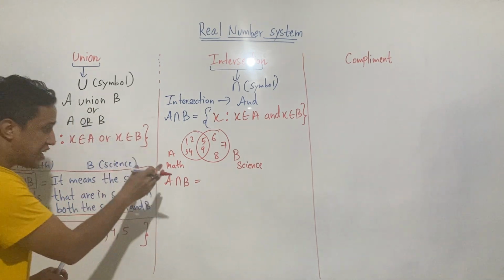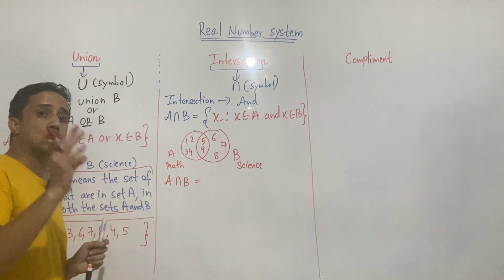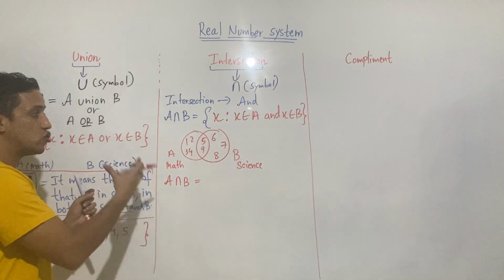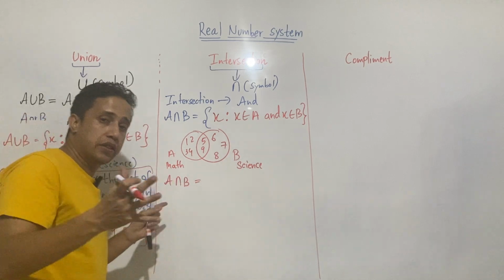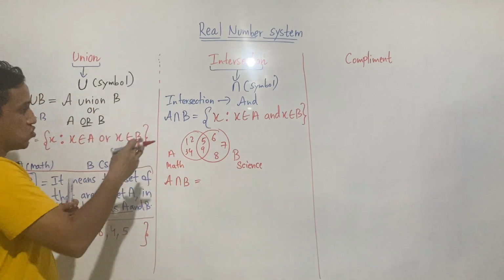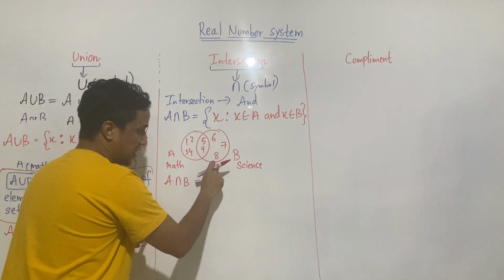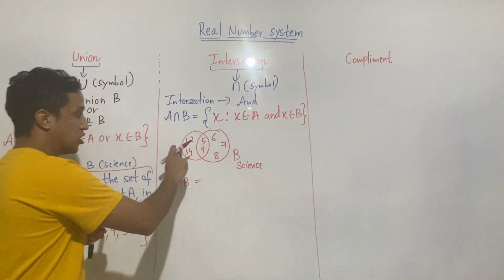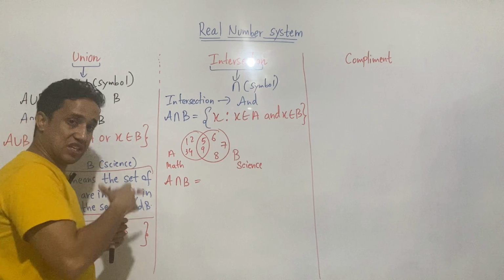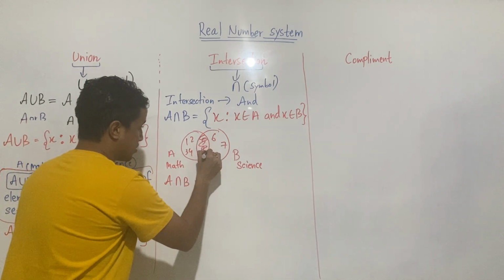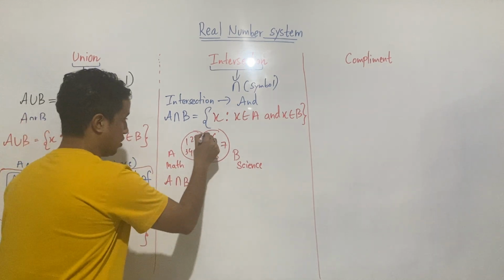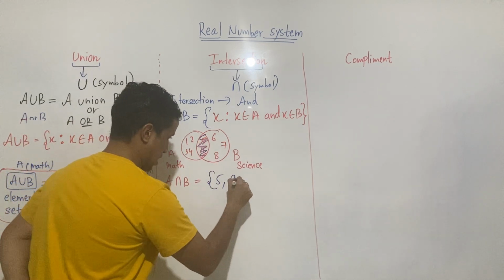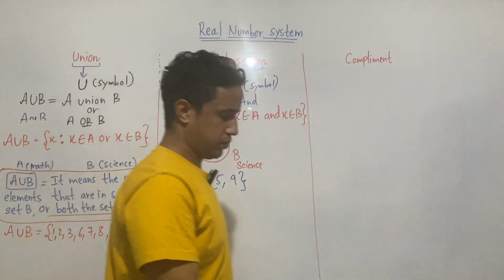And this is going to represent the region or the elements that are common to both the sets. So see here, this is my set A, this is my set B. The region or the set of elements common to both the sets is this. So it's going to be 5 and 9. I hope you understand it.